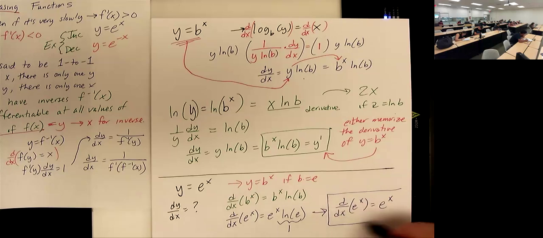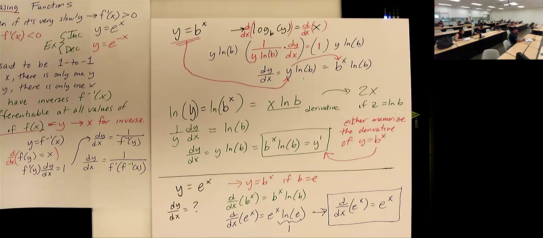So d dx of e to the x is itself. The exponential function with e is the greatest thing in calculus ever. It ignores derivatives, and you'll find out that when we do integration, it has no respect for integration either. It doesn't change, it's unyielding.